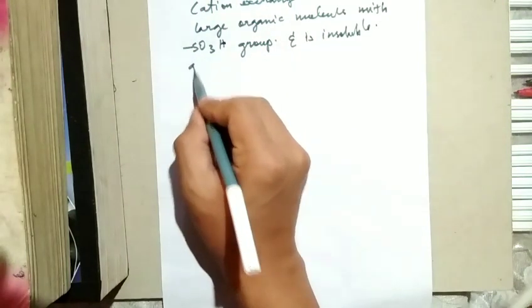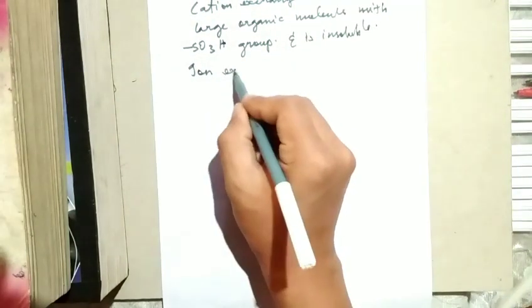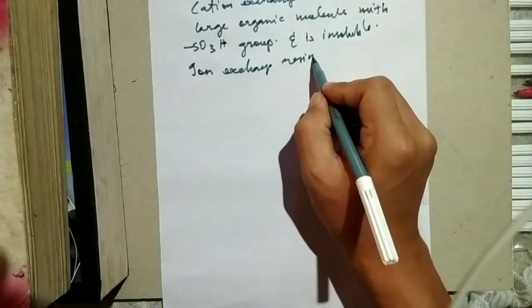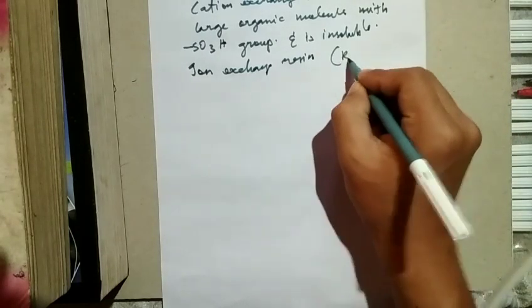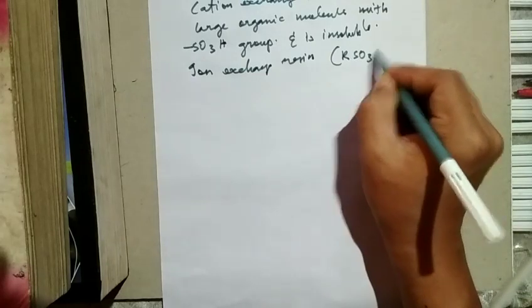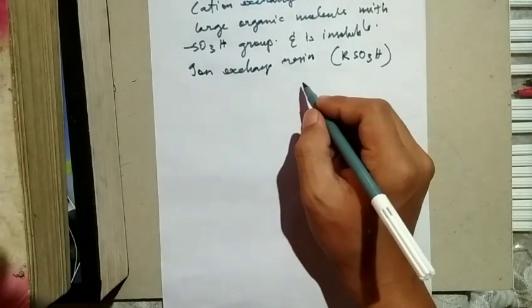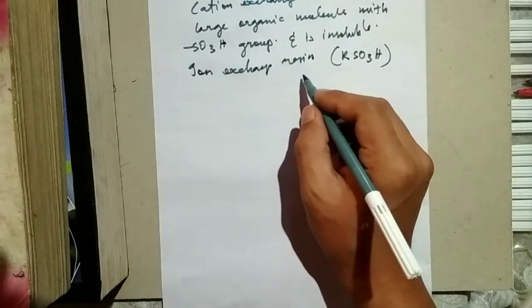So the ion exchange resin, RSO3H. Here R represents an alkyl group. Alkyl group means a carbon hydrogen chain, a long chain. It can be a very long chain.